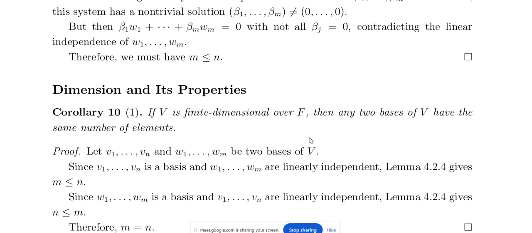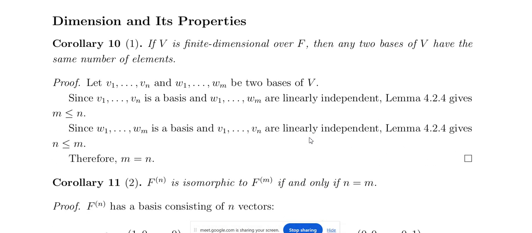Another very important idea is dimension. V is finite dimensional over F. Then any two bases of V have the same number of elements. That is also very important.